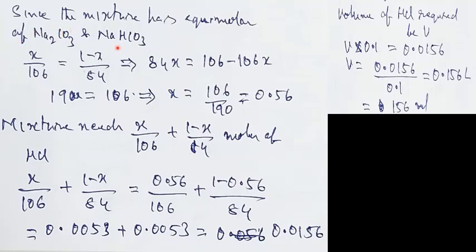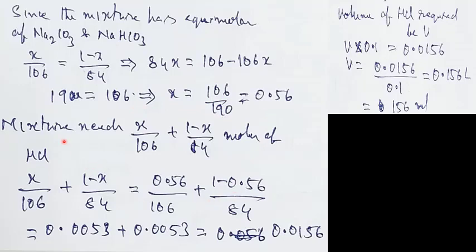Since the mixture has equimolar sodium carbonate and sodium bicarbonate, X by 106 equals (1 minus X) by 84. This implies 84X equals 106 minus 106X. Therefore, 190X equals 106 and X equals 106 by 190, that is 0.56.